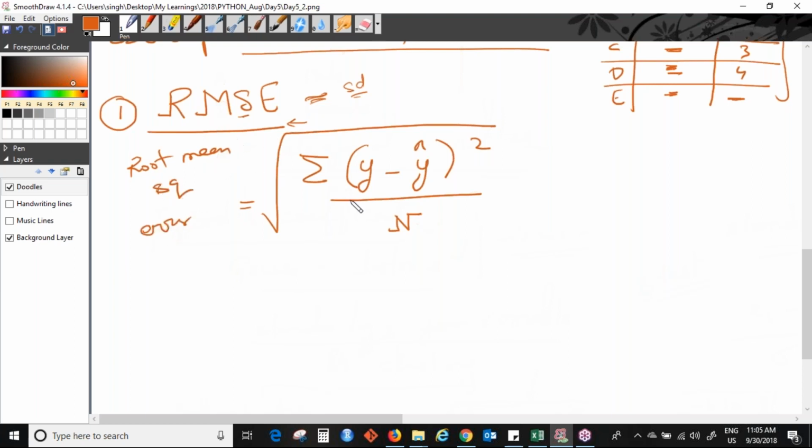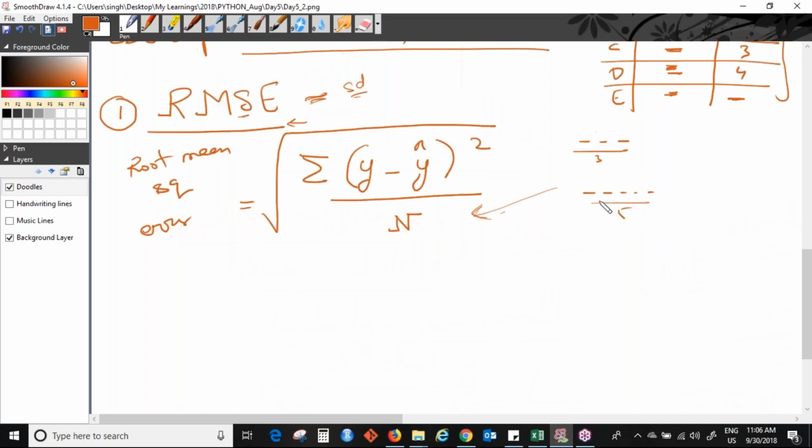Now if you see this carefully, we have n as the denominator, so you are dividing by n. You are taking the average error. Okay, root mean, root average squared error. So this is not dependent on n, because if somebody takes 3 points, he will divide by 3. If somebody takes 5 points, he will divide by 5.